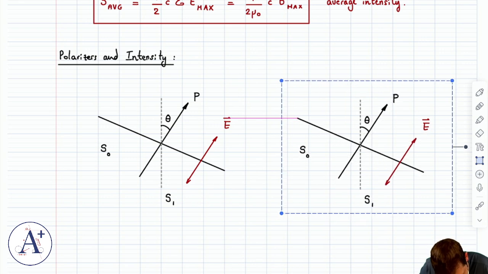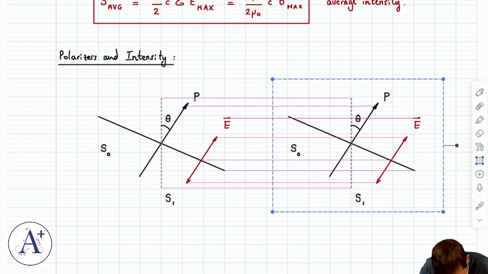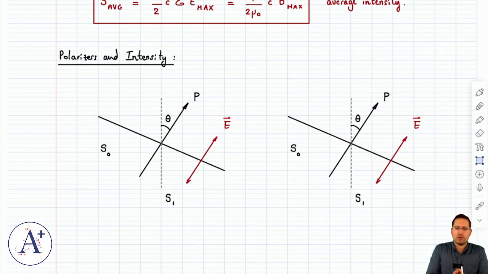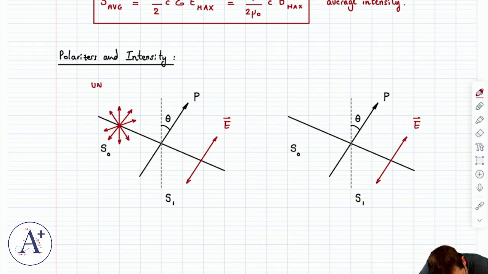Possibility number one is that you shine onto the polarizer unpolarized light from your flashlight, from the sun, from most sources of light. Most sources produce unpolarized light. That means that the electric field does not have a preferred direction along which it oscillates. It's going to be all over the place, it's going to oscillate in all directions of space. So we tend to represent it like this. So this is unpolarized light.